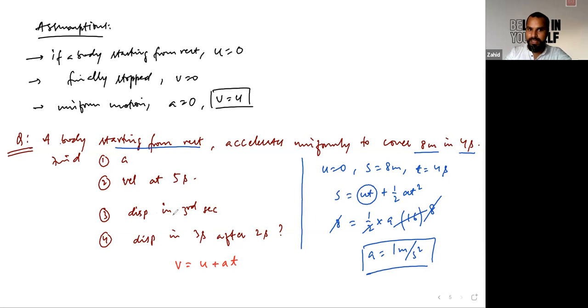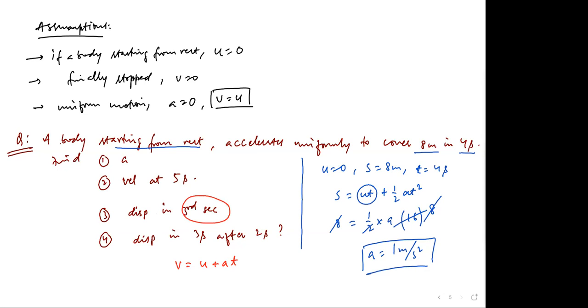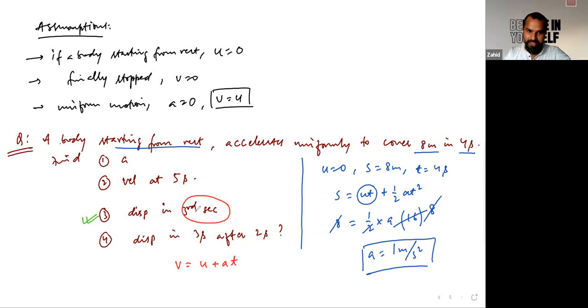Third part is displacement in the third second. Whether this particular time is a point of time or a period of time? Hamza? Sorry, sir, I didn't hear you. In the third question, we have been given the third second, is it a point of time or a period of time?